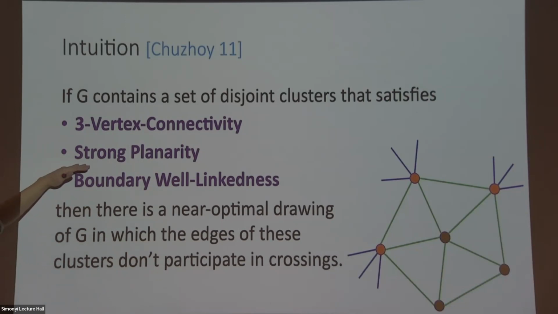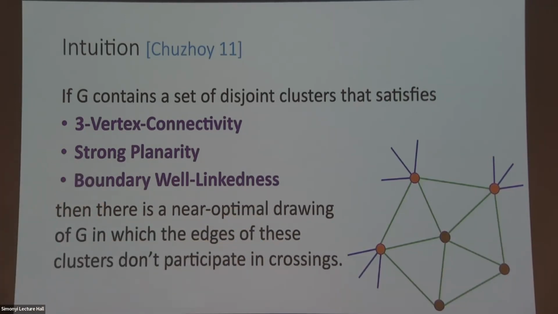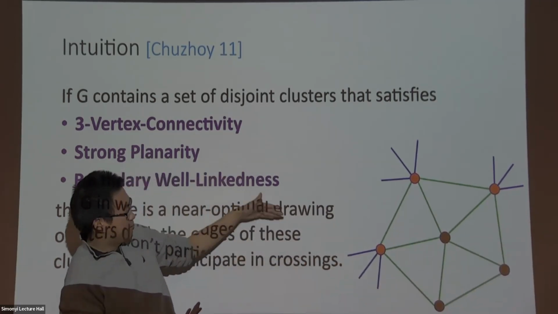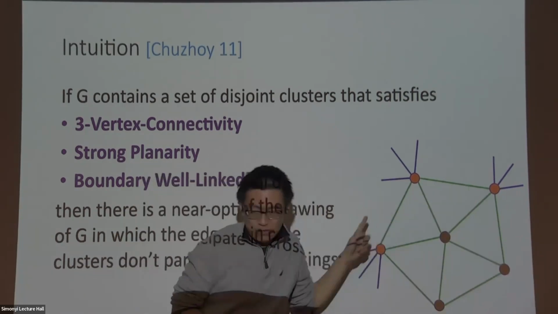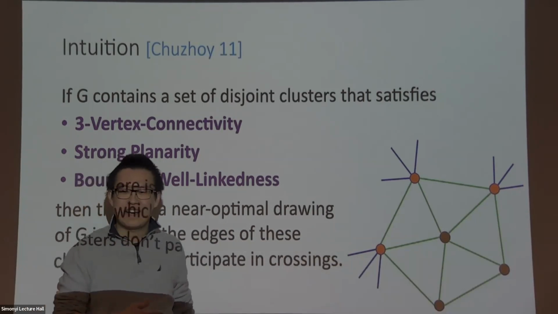In strong planarity, it is required that all these boundary vertices appear on the same face of the unique planar join. For example, this green part is a strong planar cluster, and this is its unique planar join. These are the three boundary vertices because these are the three vertices that connect to the intercluster edges.